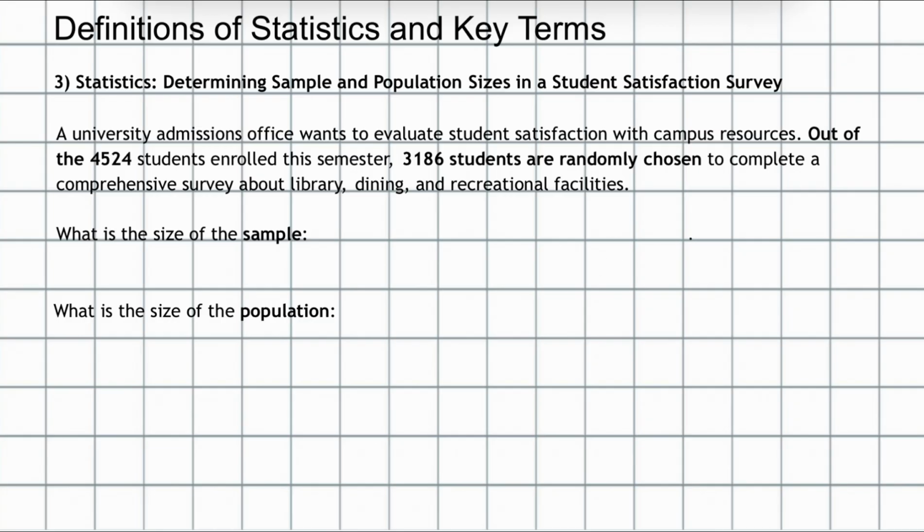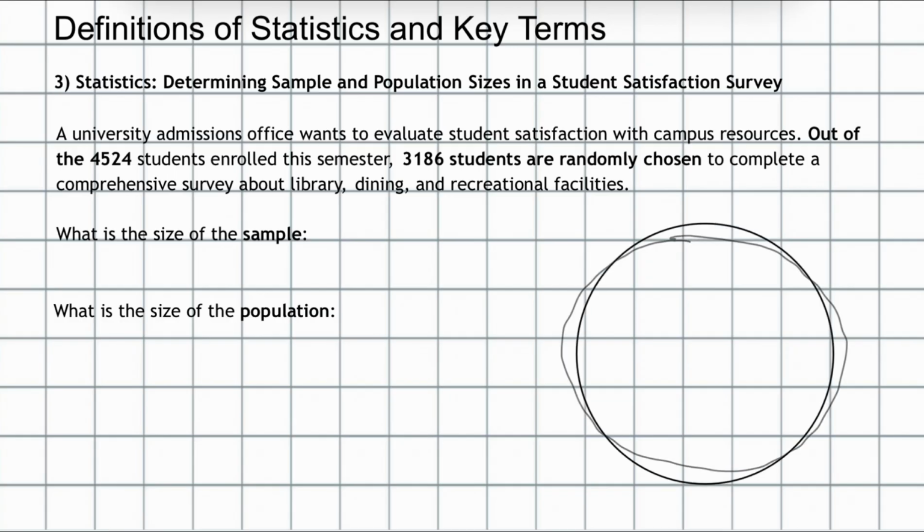We are evaluating a population of students that is a total of 4,524 students completing a satisfaction evaluation. Out of 4,524 students enrolled this semester, only a portion of that was 3,000.